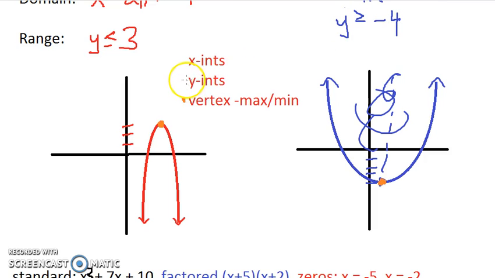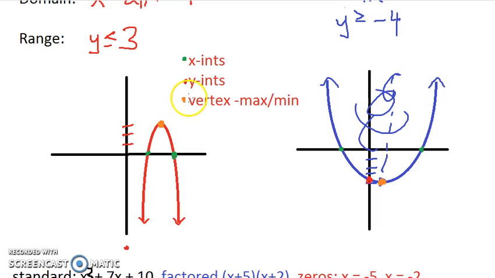The y-intercept. This one you can't see it. It's going to be somewhere down here. This one you can see it. Y-intercept's right here. The x-intercepts are going to be these 2 points here and these 2 points here. I will show you the calculator shortcut to get all this stuff.